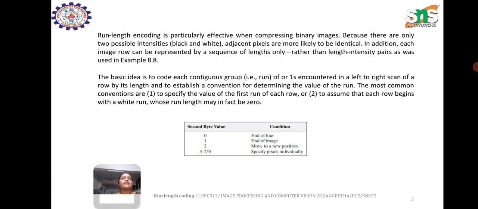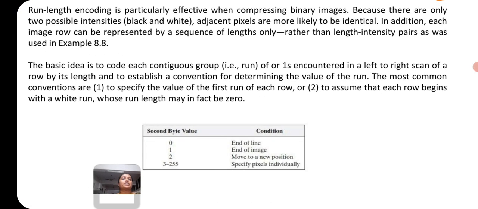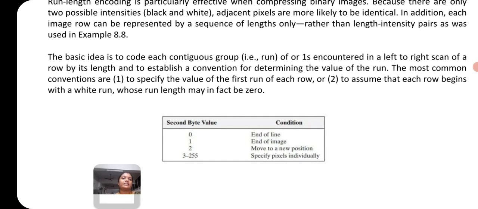The basic idea is to code each continuous group of ones or zeros encountered in a left to right span of a row by its length, and to establish a convention for determining the value of the run. The most common conventions are to specify the value of the first run of each row, or to assume that each row begins with a white run whose run length may in fact be 0.